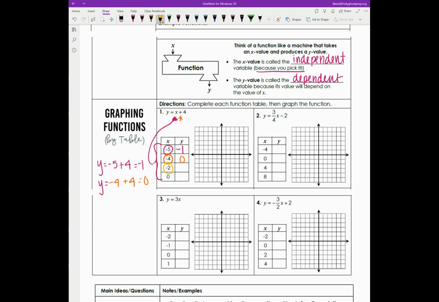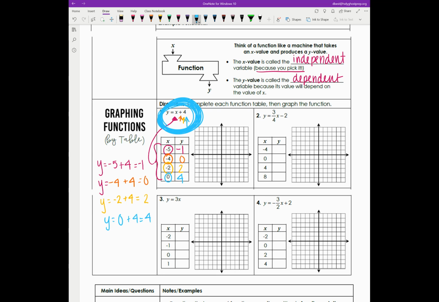My third x value is -2, so y equals -2 plus 4, and that gets me +2. And my last one, 0, so y equals 0 plus 4. The plus 4 is always coming from the equation that I'm starting with. It's the rule, it's the pattern. So 0 plus 4 gets me 4.